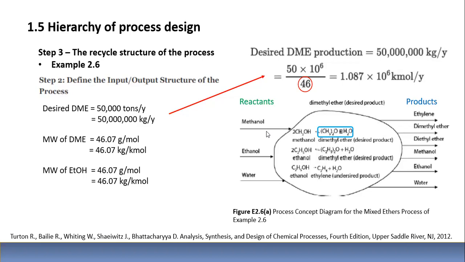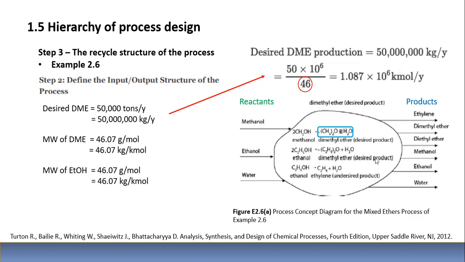So these are the reactants: methanol, ethanol, water. We have 2 moles of methanol, 2 moles of ethanol in these 2 different processes, and the products are dimethyl ether, diethyl ether, and ethylene from water.